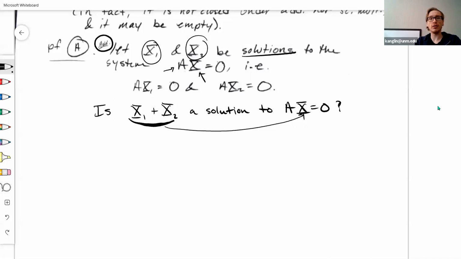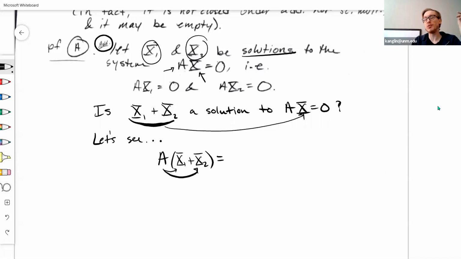So let's plug it in. When I plug it in, I get A times x1 plus x2. That's a sum of two things in the solution space. But what does this equal? We know we can distribute a matrix multiplication. So we can take this to be Ax1 plus Ax2.